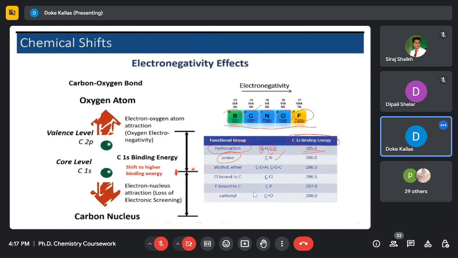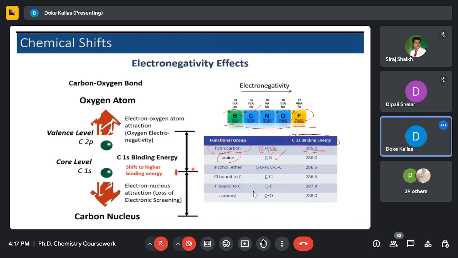This is the 1s binding energy of carbon, and this is the 1s binding energy of amine carbon, having a difference of 1 electron volt. It means that removing the 1s electron of amine carbon requires more binding energy compared to a normal hydrocarbon, or carbon bonded with methyl groups or hydrogen groups.